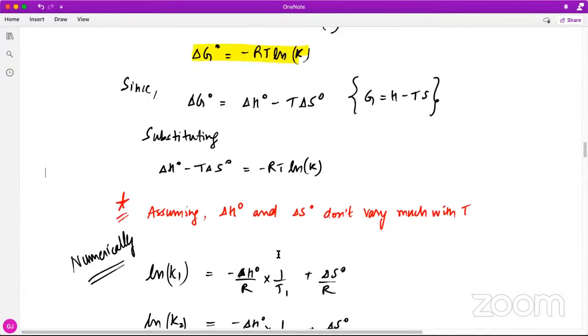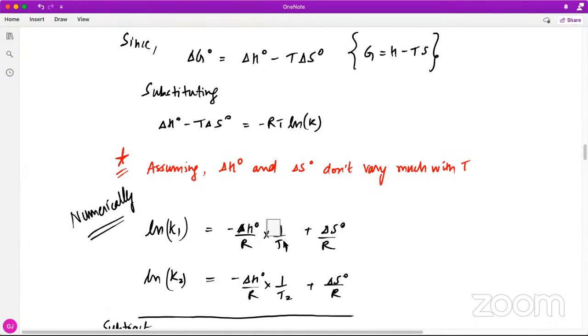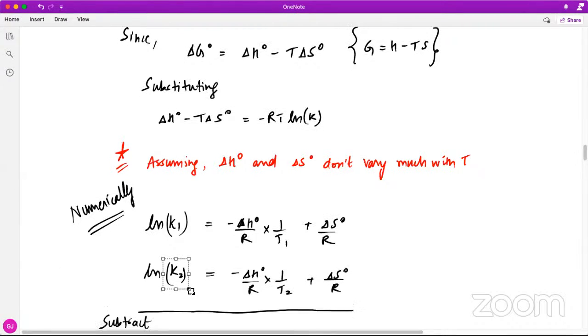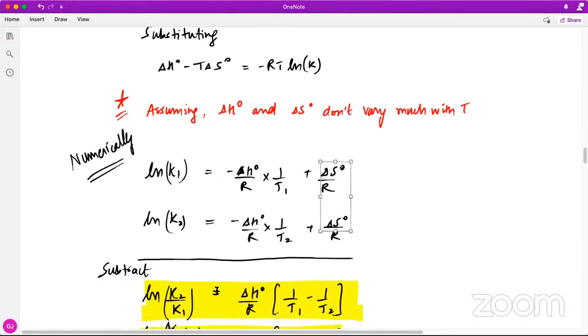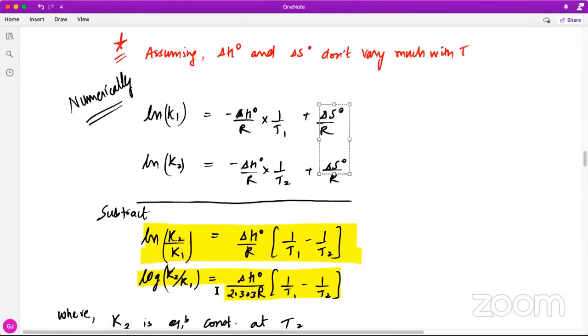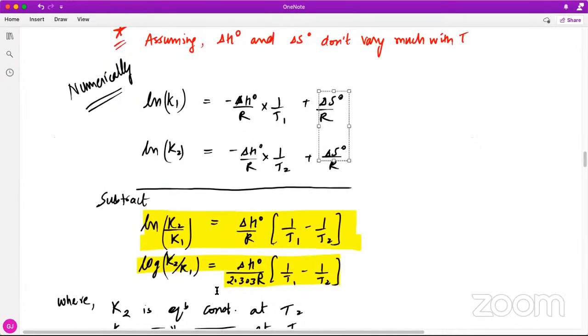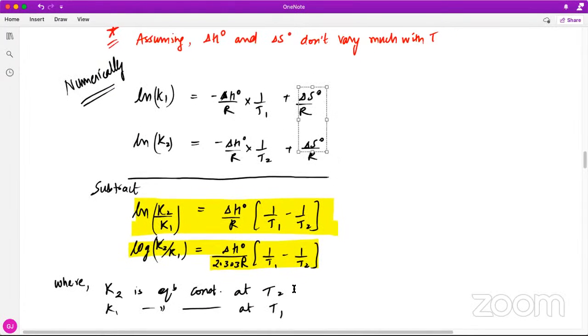So we can write for say temperature T1, equilibrium constant is K1, for temperature T2, equilibrium constant is K2. And delta H0 and delta S0 are the same. Okay, so if I subtract the two, I get a relationship relating equilibrium constants at different temperatures.